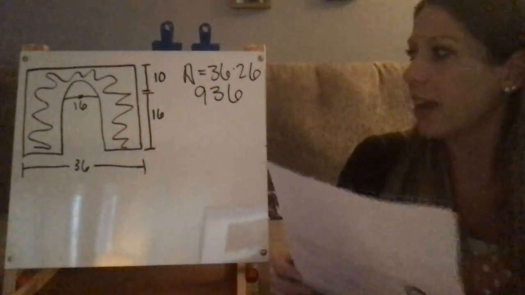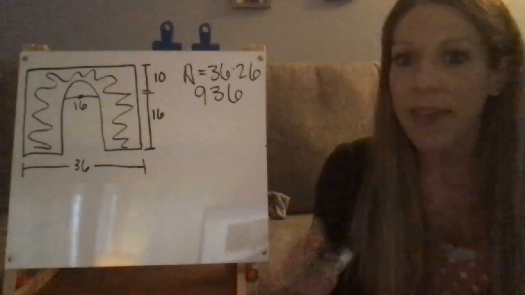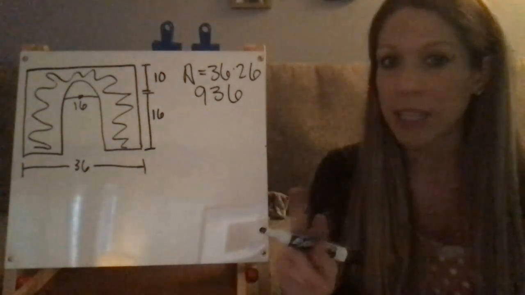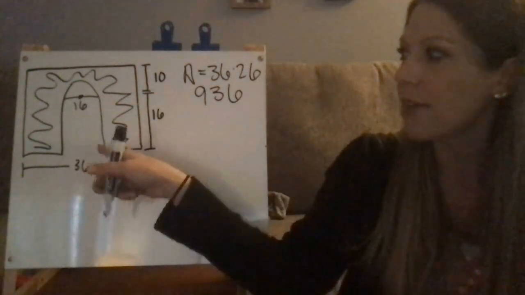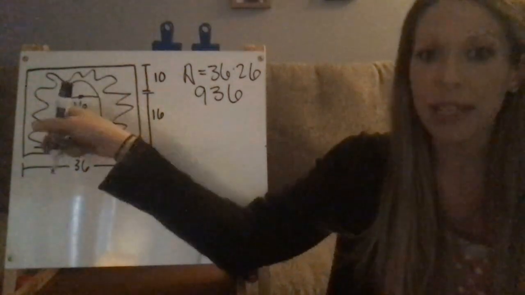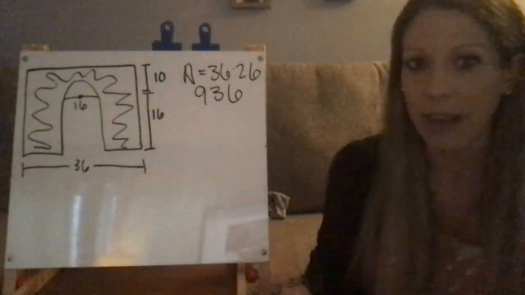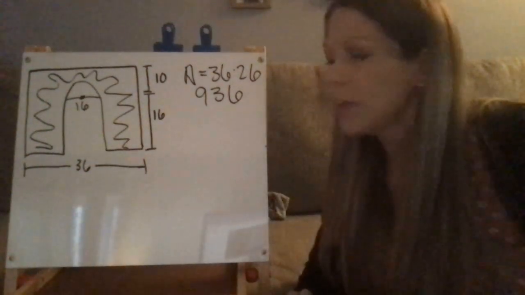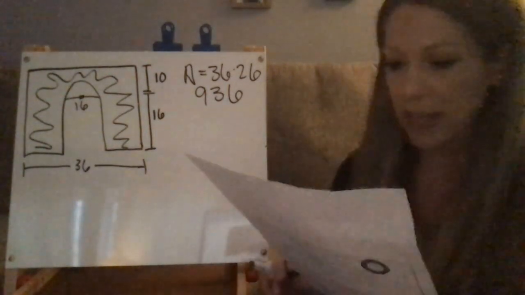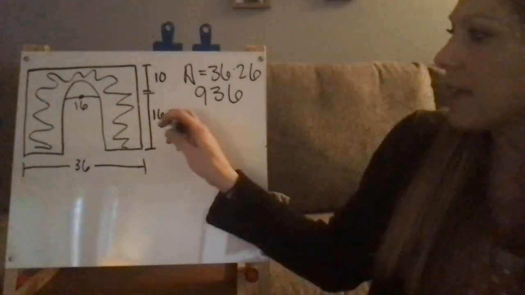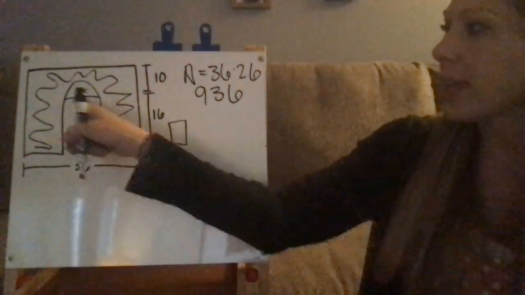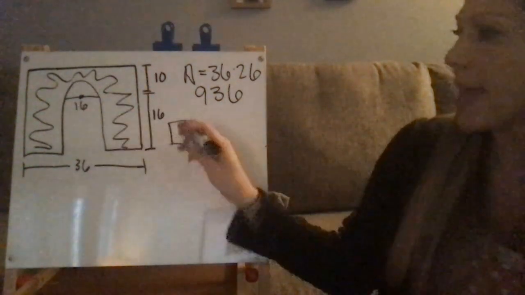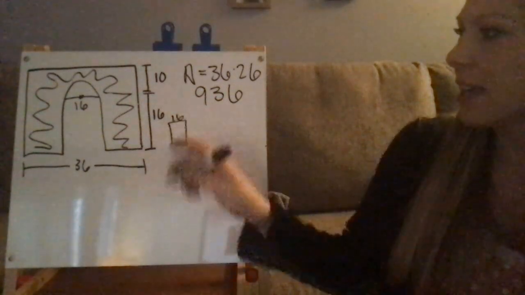Now we want to find the area of the archway. And that archway is made up of two pieces. We have a little rectangle right here that we need to find the area of. And we have a semicircle or a half circle right there. So let's start with the rectangle because that's a little bit easier. So the area of that little rectangle, we can see that the base is 16.